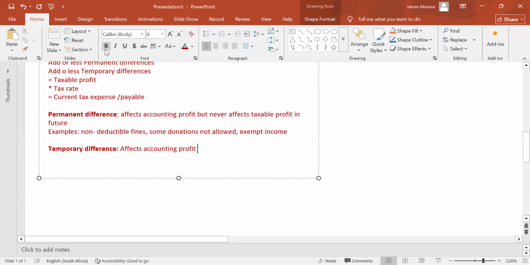So they affect accounting profit now, but the tax effect happens in another period.